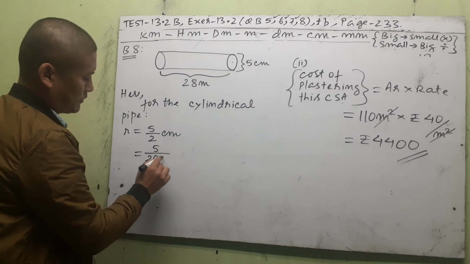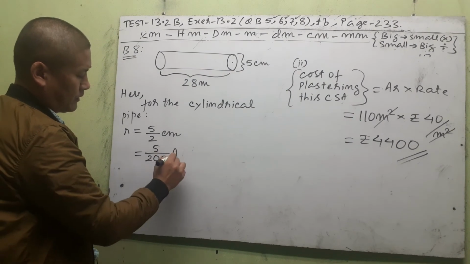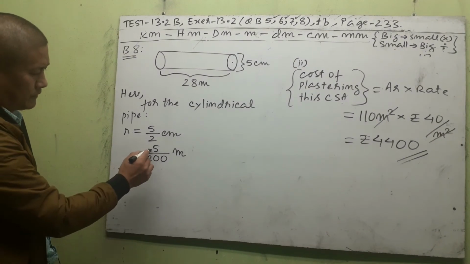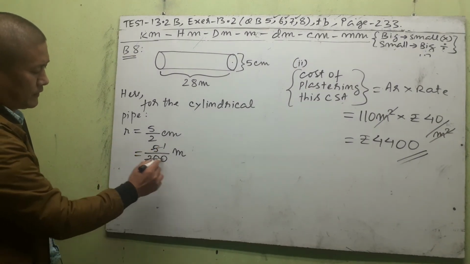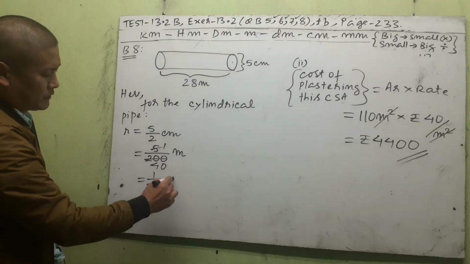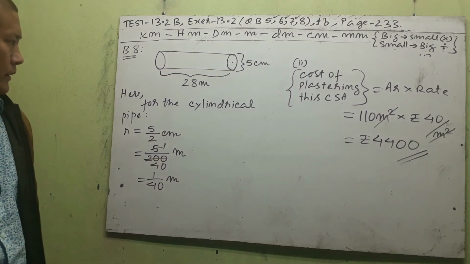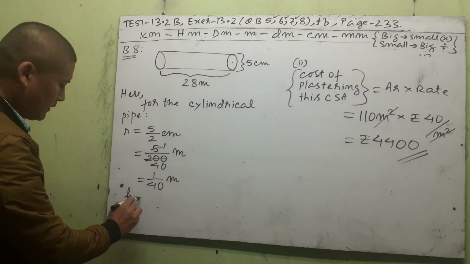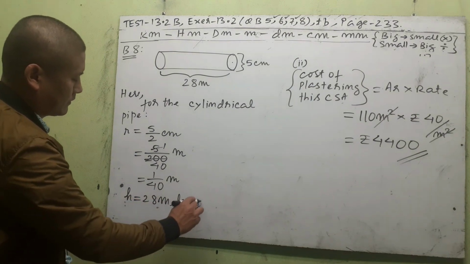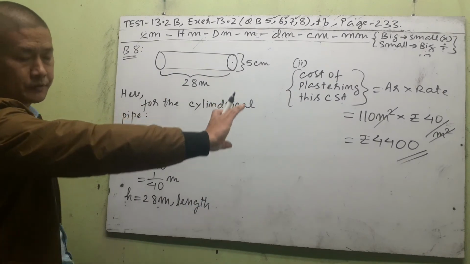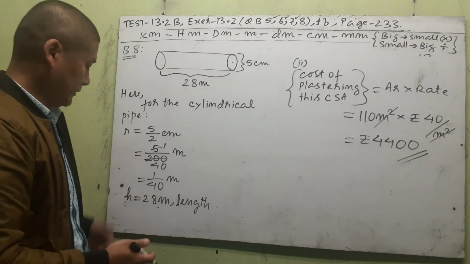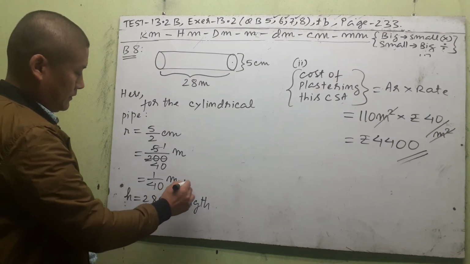We can simply put the 2 zeros in the denominator and it will become meter. So here 5 1s are 5, 5 4s are 20, 0. You can keep it like this also, without the decimal form, 1 by 40 meter. Then the length of the pipe is 28 meter. When a cylinder lies on the ground, it's called length. If it's underneath the earth, you normally call it depth; above the ground level, height. Okay, so this is the radius.